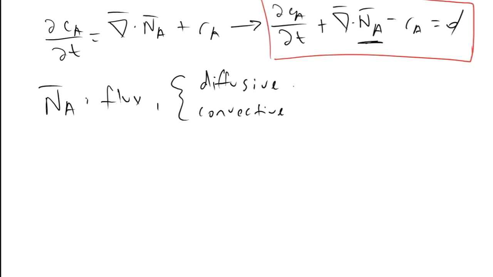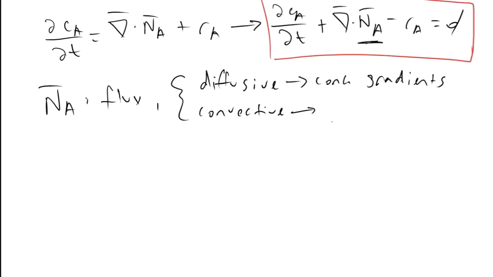And diffusive flux is caused by concentration gradients or profiles. So if you have a difference in concentration between 2 points in space, that will result in diffusion of that species from an area of high concentration to a lower concentration.